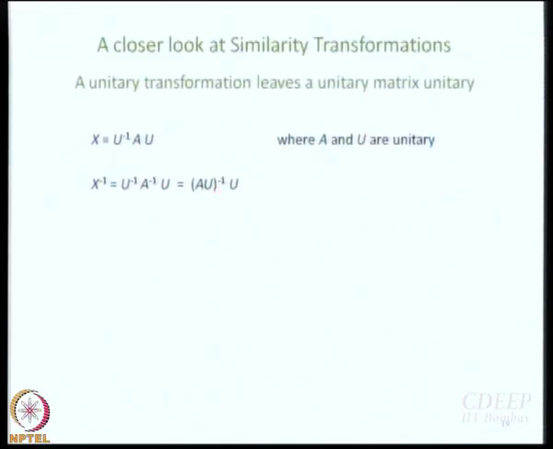Sometimes the order becomes confusing. Are we convinced that it is X inverse? Sure? Now, if you are convinced, will you allow me to write it as inverse of AU multiplied by U? Inverse of AU multiplied by U. In that case, the next step is easy. Then X is AU multiplied by U inverse.